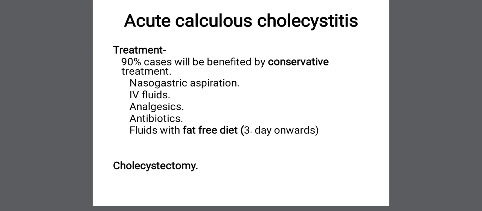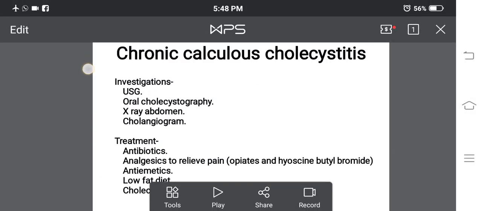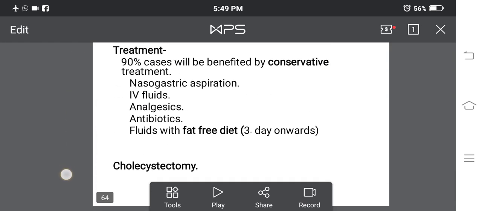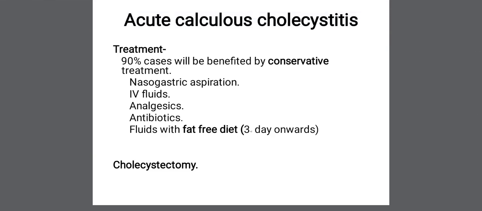The other condition is mucocele of gallbladder. Mucocele of gallbladder occurs when the neck of gallbladder is obstructed by stones, but the content remains sterile.